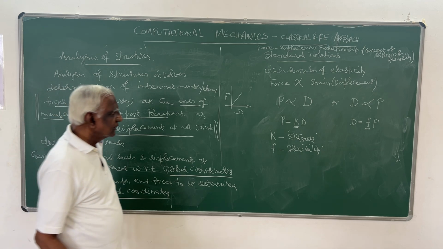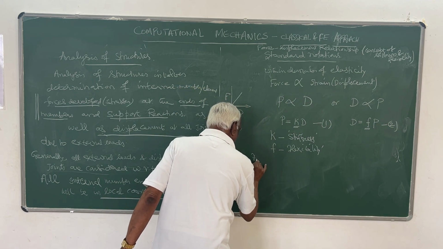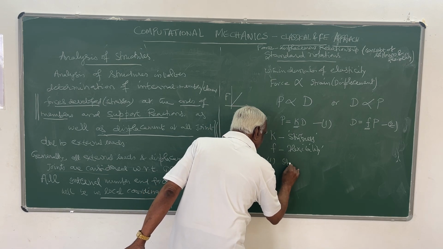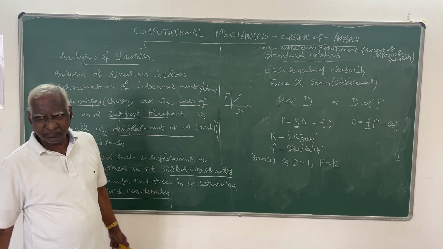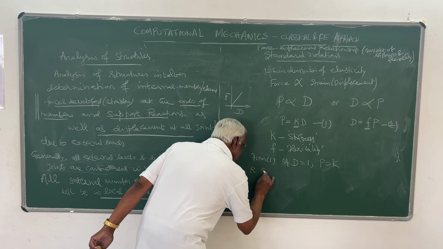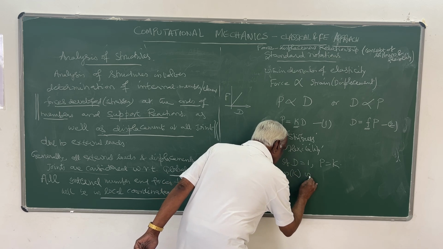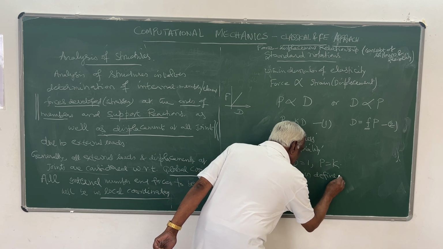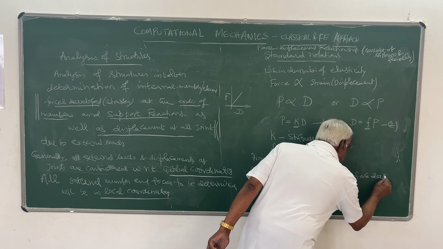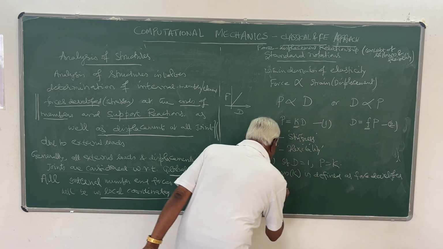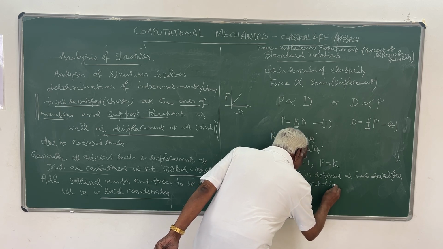Correct? So P is equal to K. That is stiffness K is defined as force developed due to unit displacement.